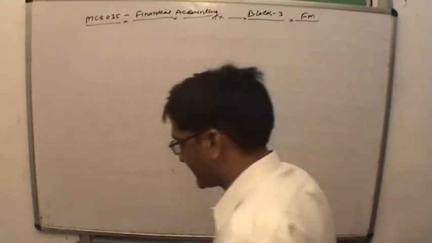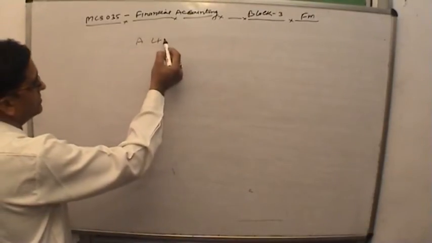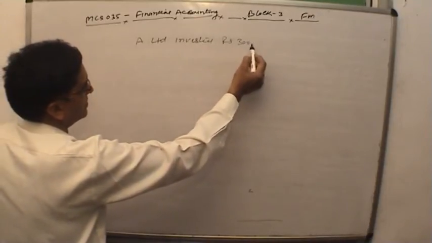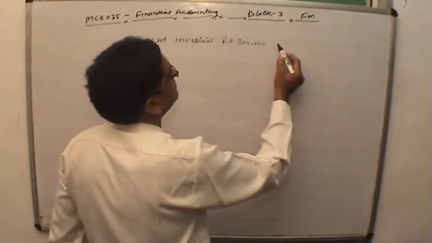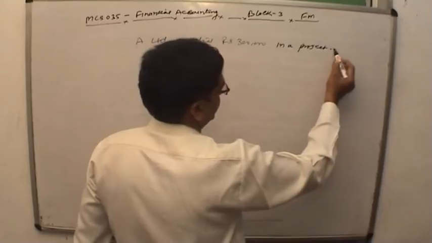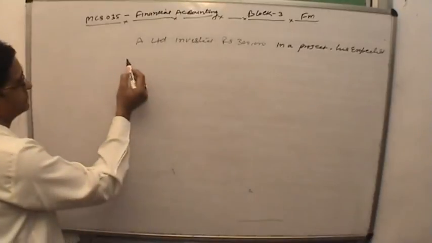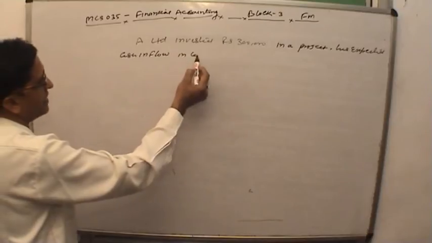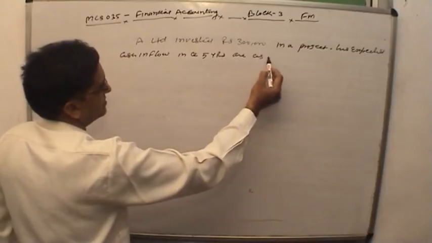Same as, a question. A Limited invested rupees 3 lakhs in a project. His expected cash inflows over 5 years are as follows.